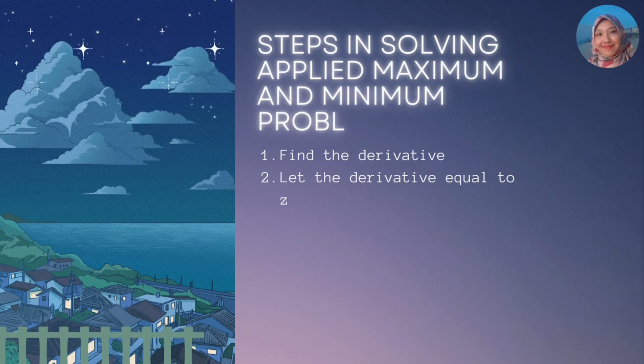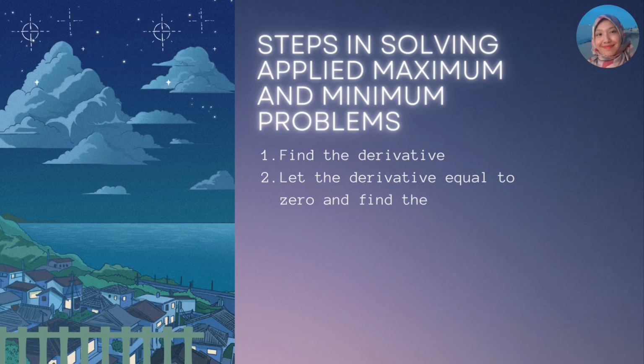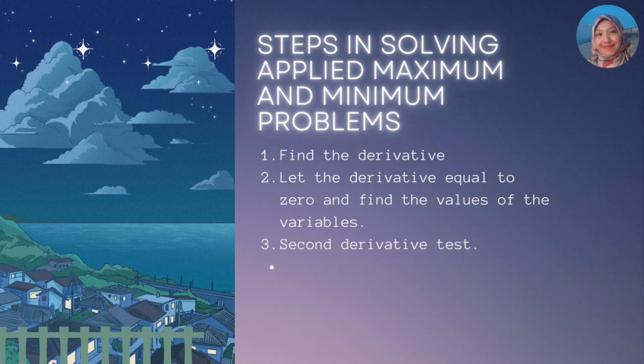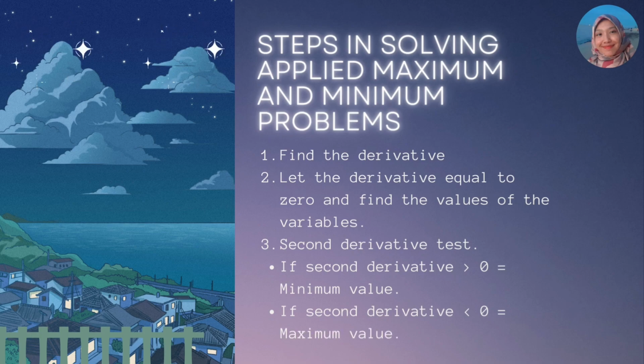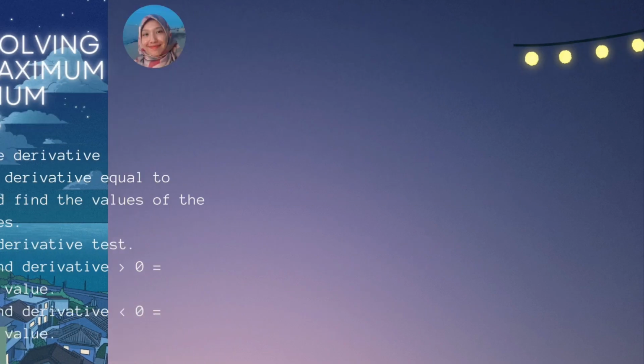First, finding the derivative. Second, let the derivative equal 0 and find the value of the variables. Lastly, the second derivative test: if the second derivative is greater than 0, it will be a minimum value, while if the second derivative is less than 0, it will be a maximum value.